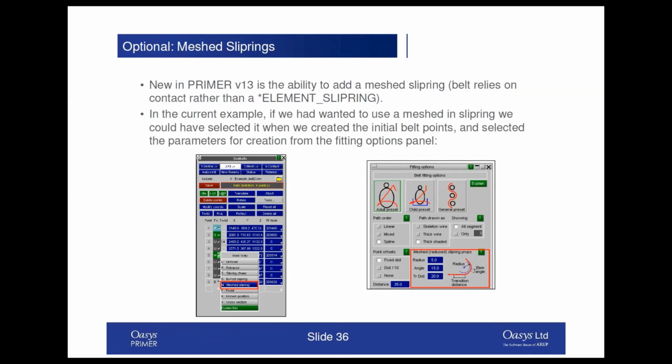So we need more elements around the slip ring than we would normally have to make sure that we can capture the curvature. So then we have a fine element size around the slip ring as defined by the element angle, and then that transitions from fine to the coarser default values for the belt over a given transition distance.